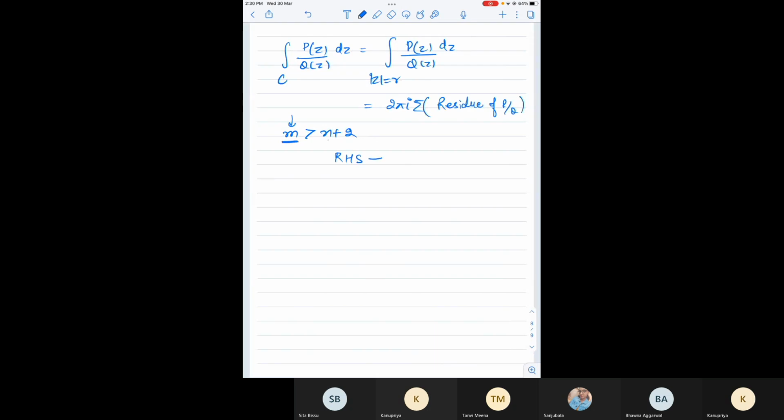So the RHS will tend to 0 as r tends to infinity, which implies that the summation of residues tends to 0. Is it fine? I know this is a tricky proof, but we are using the residue theorem to prove this result. Is it okay?